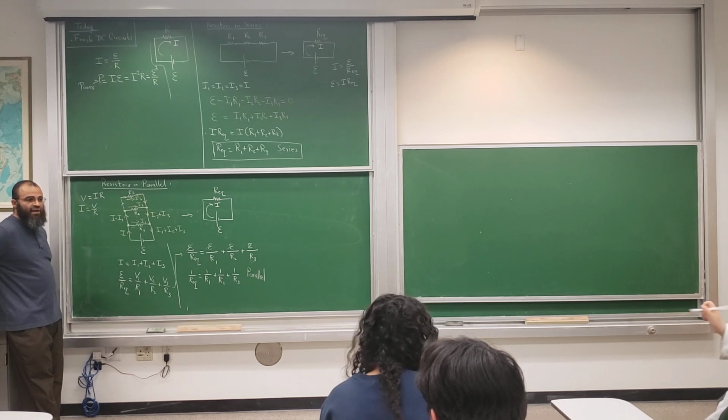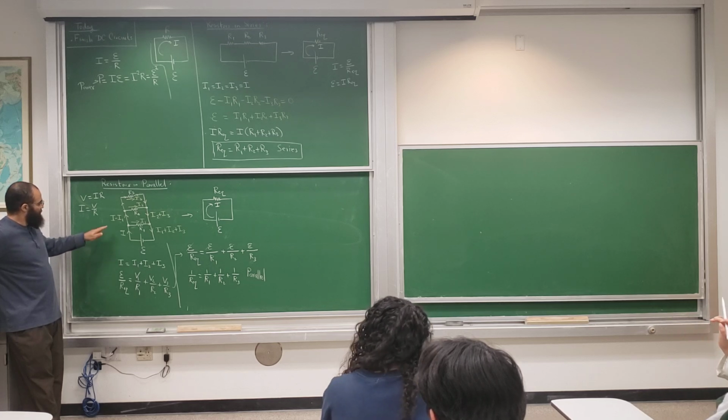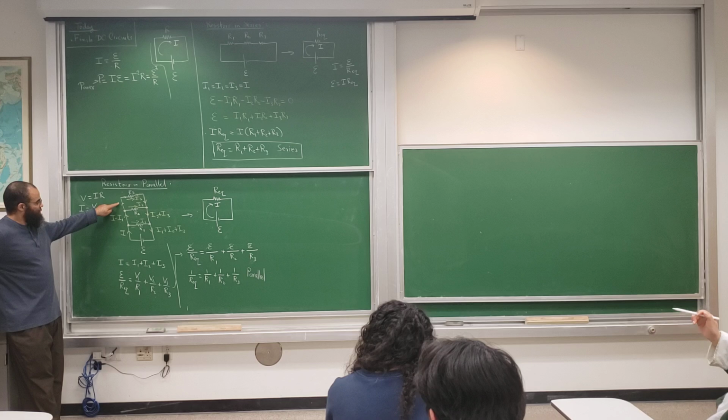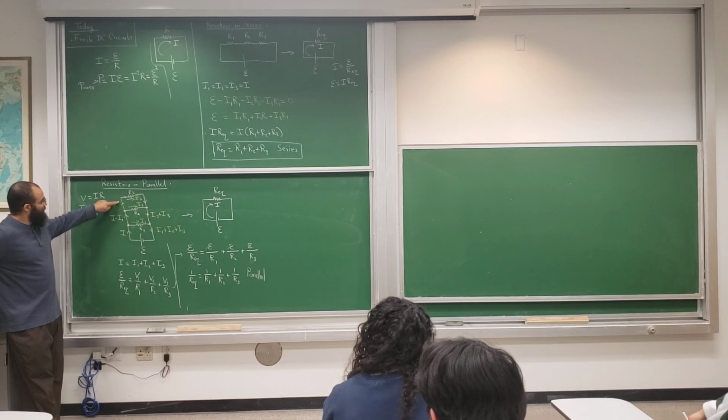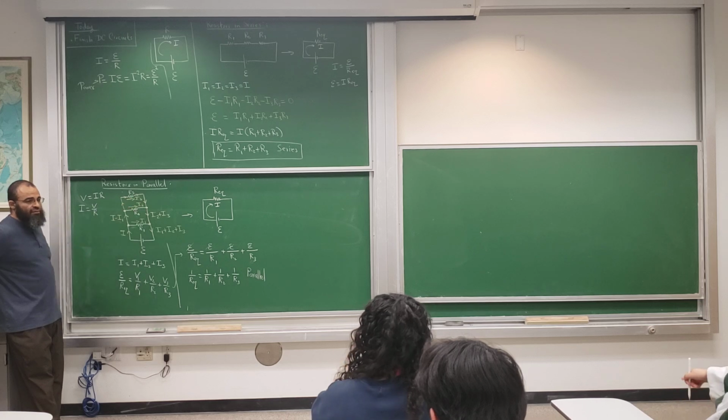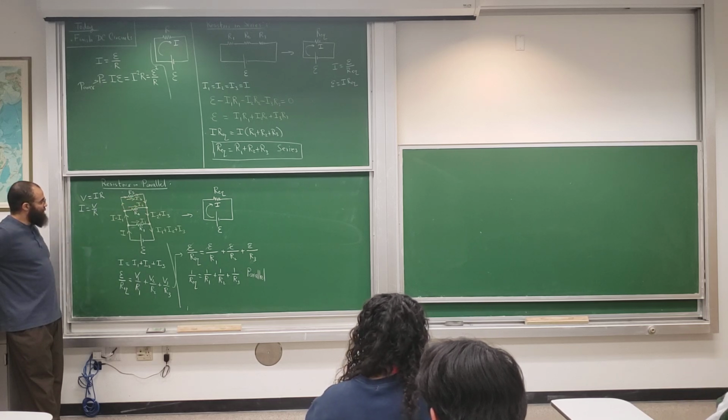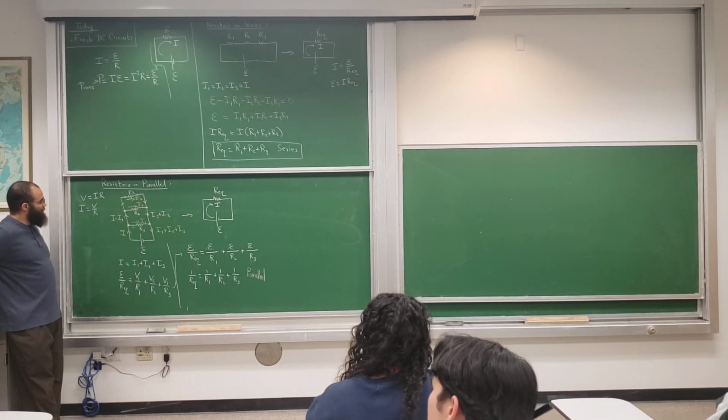And for the part that's above, I minus I1, like the wire, that part is also I3. It's the same branch, so it has to be the same current. So I3 is equal to I minus I1 minus I2.